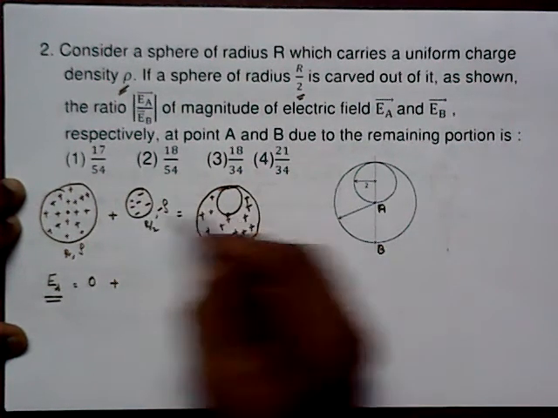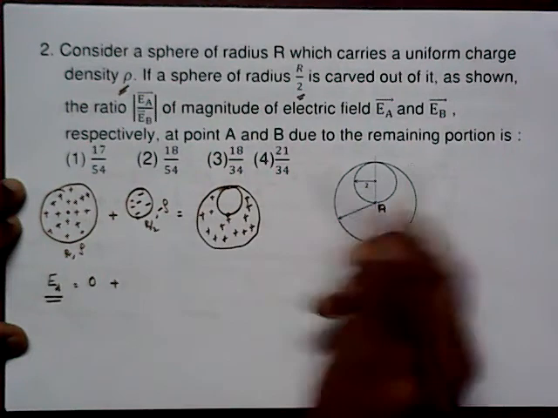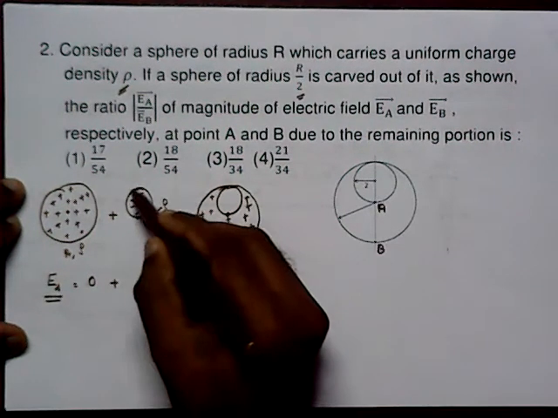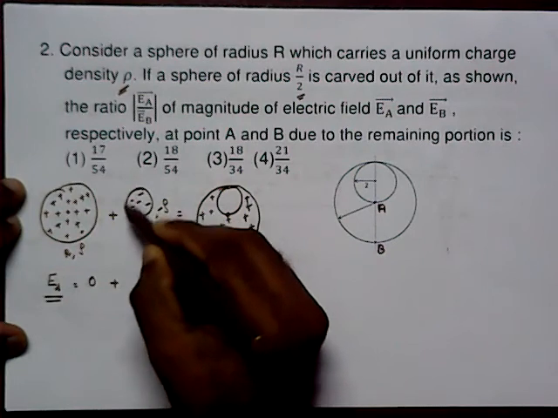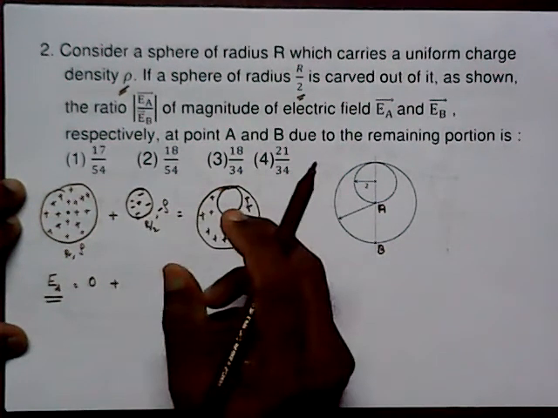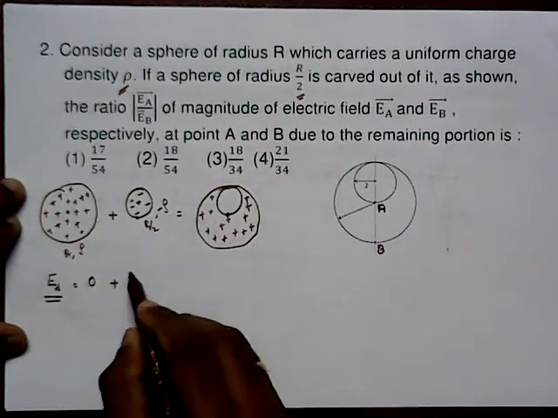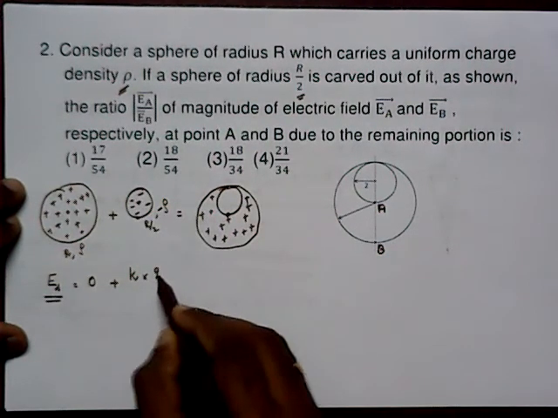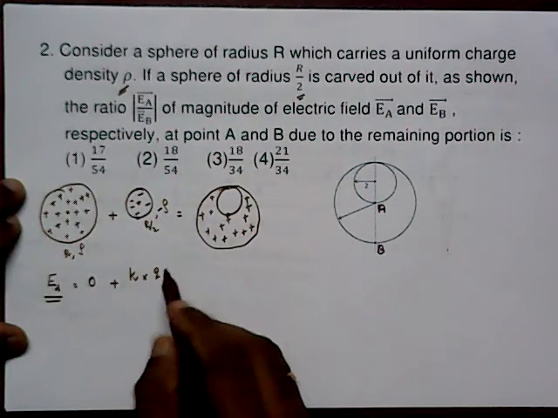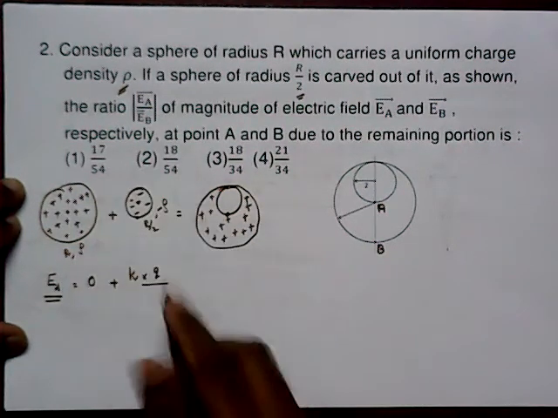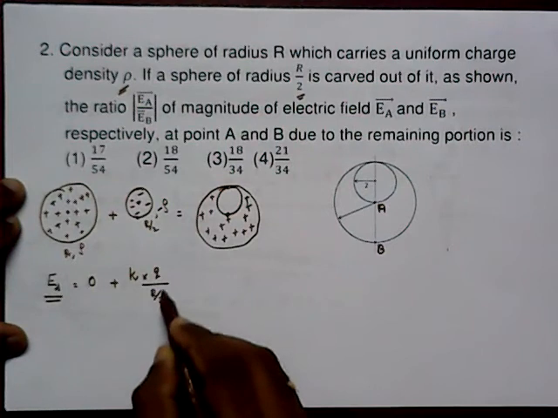But the point under consideration is on this point. So we can find the contribution of this sphere on its surface. The value is so simple: k into the charge on that small sphere divided by its radius square, so R by 2 square.